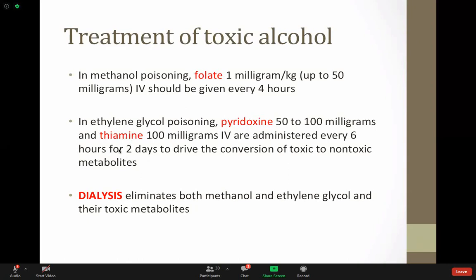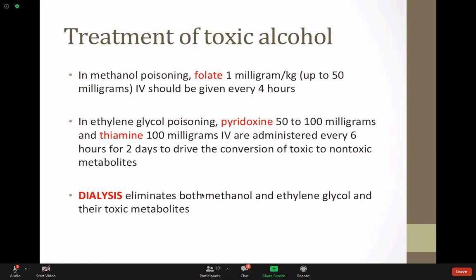Actually, I give thiamine to everybody with alcohol, whether it's ethanol, ethylene glycol, or whatever alcohol. But remember, it's not a big deal if you don't remember the folate, because the most important is you block ADH and you dialyze them. But these are cofactors that are helpful. Folate for methanol and formate, and pyridoxine for ethylene glycol.